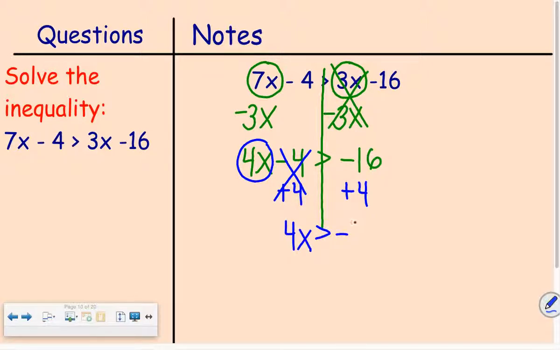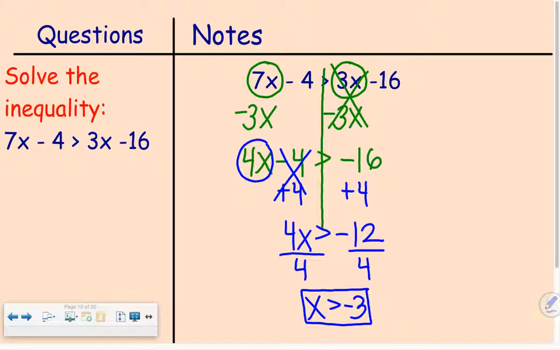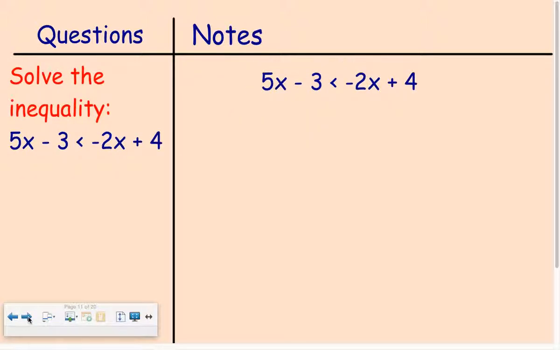Negative 16 plus 4 is negative 12. Divide both sides by 4, and we get x is greater than negative 3. Variables on the left-hand side, so we don't need to rewrite it, and we divided both sides by a positive 4, so we don't need to flip anything. All right, second example.